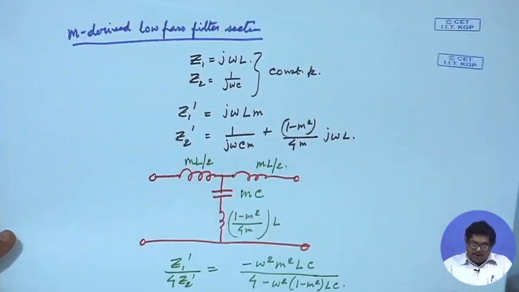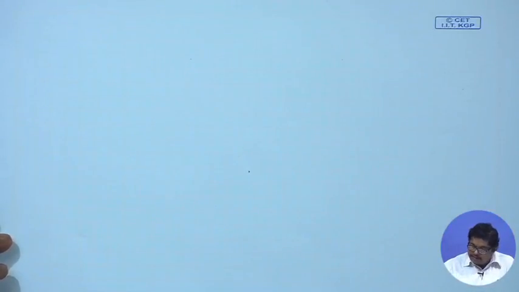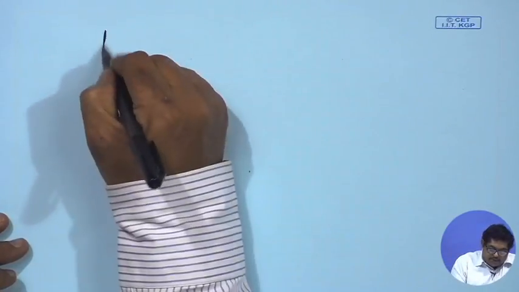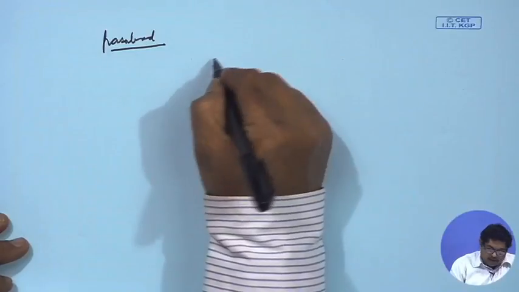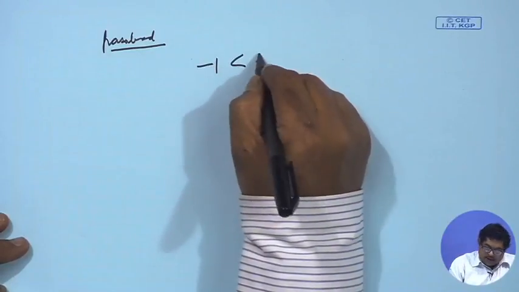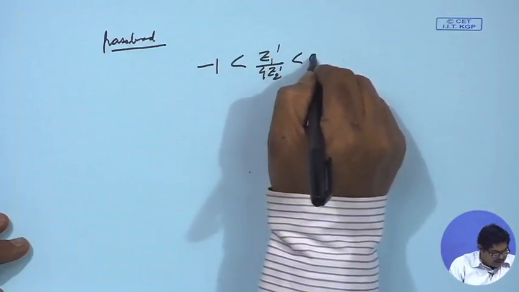So, now once we have this term, we can enforce the passband. We know that always in the image parameter method, the passband is when minus 1 is less than Z1 dash by 4 Z2 dash, which is less than 0.